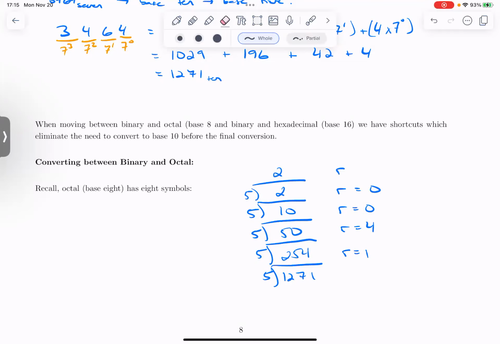Oh, that's not true. 2 divided by 5 is 0, with a remainder of 2. So is it 20041 base 5?